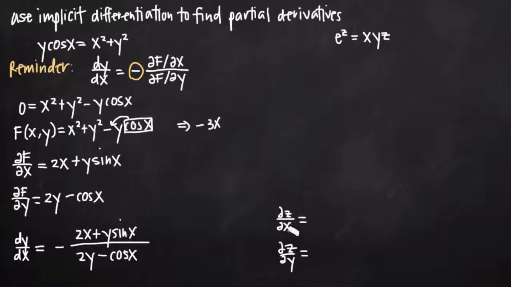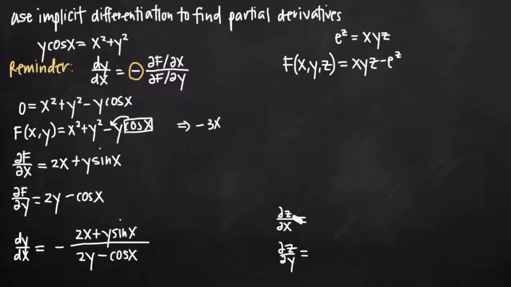The way that we're going to find the partial derivative of z with respect to x is similar to the way that we tackled this first problem. First, we're going to subtract e to the z from both sides to get an equation for capital F of x, y, z. We'll have 0 on the left-hand side. We'll replace that with capital F of x, y, z, and we'll get xyz minus e to the z, like this.